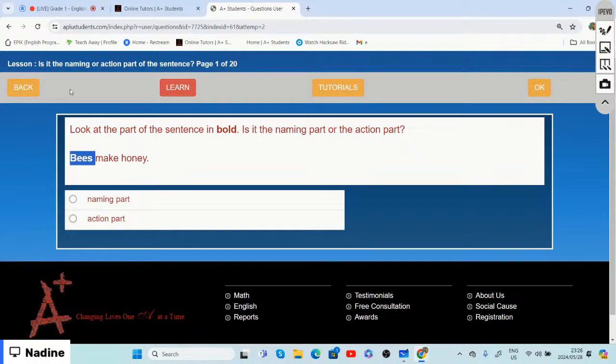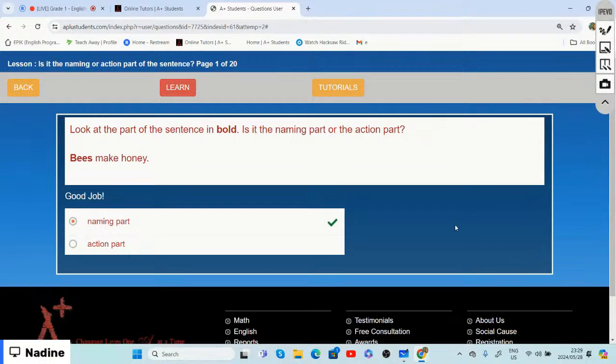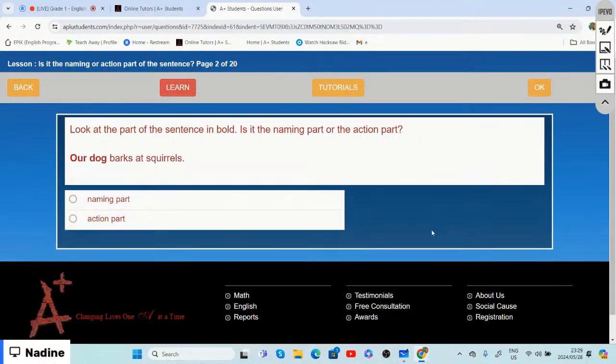All right, so bees, we would say, is a naming part. It tells us either who or what the sentence is about. So naming part is our answer.